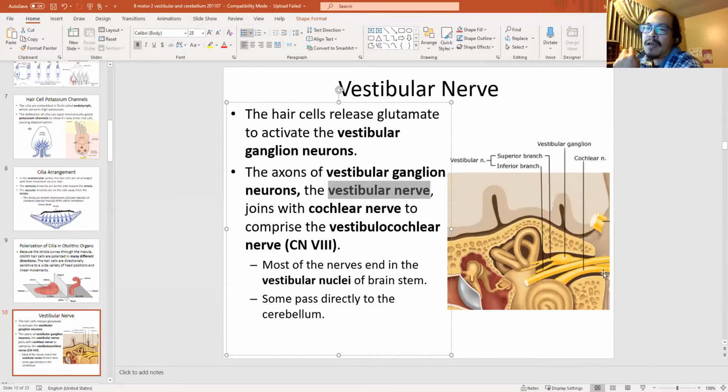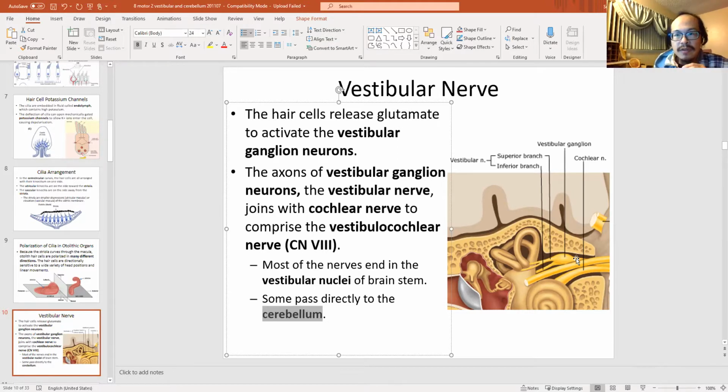The cochlear part will go into the cochlear nucleus, which processes the auditory signal. The vestibular part will send to the vestibular nucleus. Not just that, part of it will directly send signal into the cerebellum. The first neuron is the hair cell.